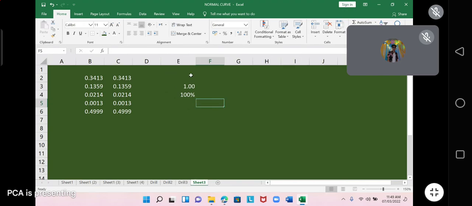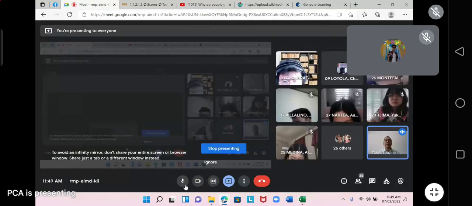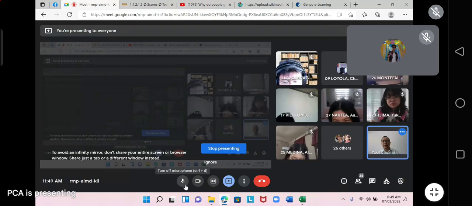In Excel, when you talk about negative 0.76, what is that? Is there even a negative 0.76 probability? Yes or no? Meron bang negative 0.76% probability?